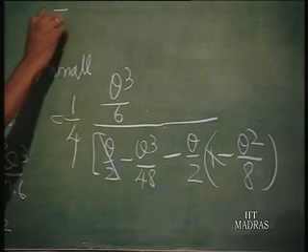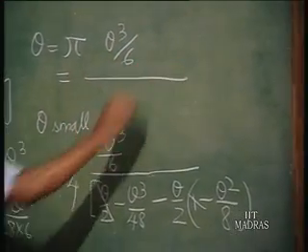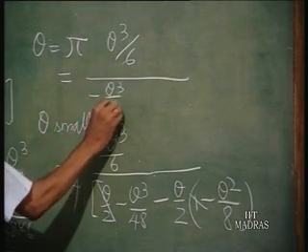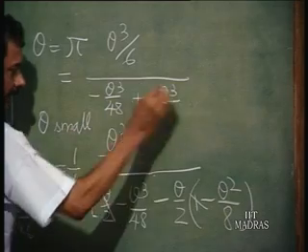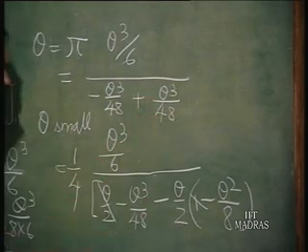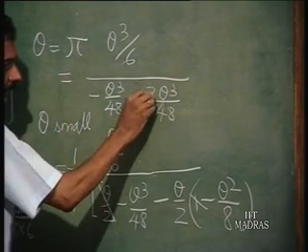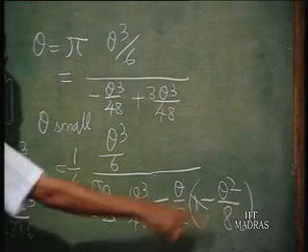So, this is equal to theta cubed by 6 divided by minus theta cubed by 48 plus theta cubed by 16, which is nothing but 48, into 3. This is 1 by 16.